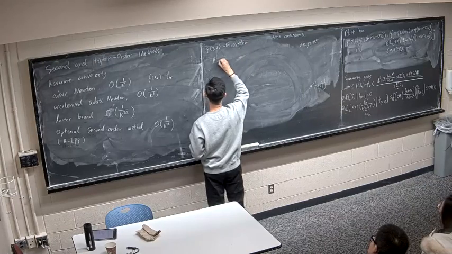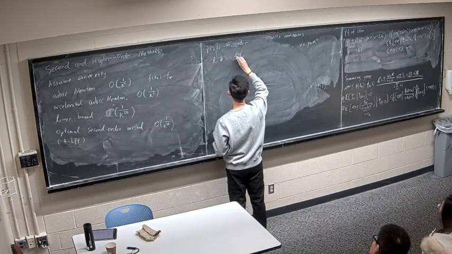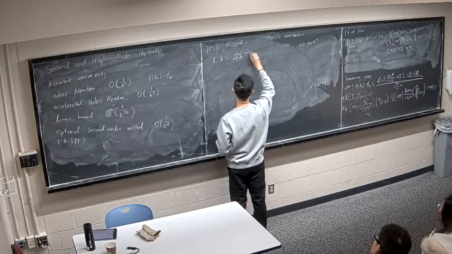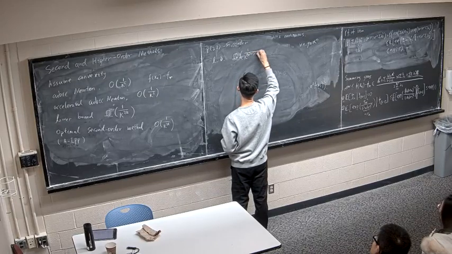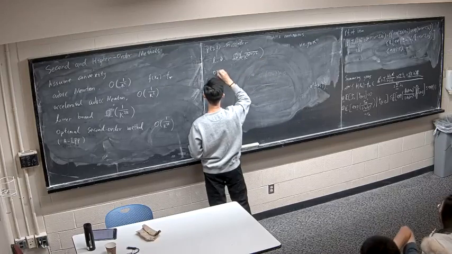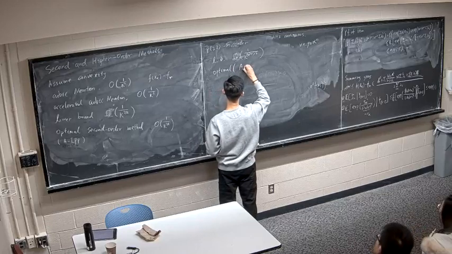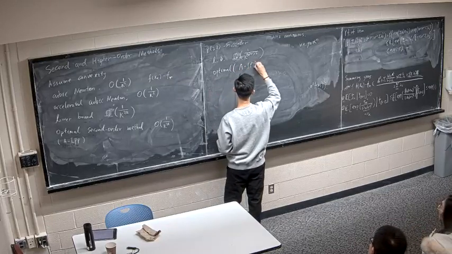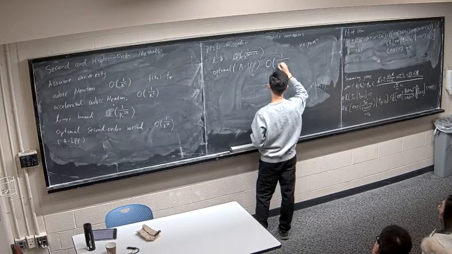The lower bound is omega 1 over k to the (3p plus 1) over 2. And the optimal method, also based on the accelerated IPP framework, gives you the matching upper bound.